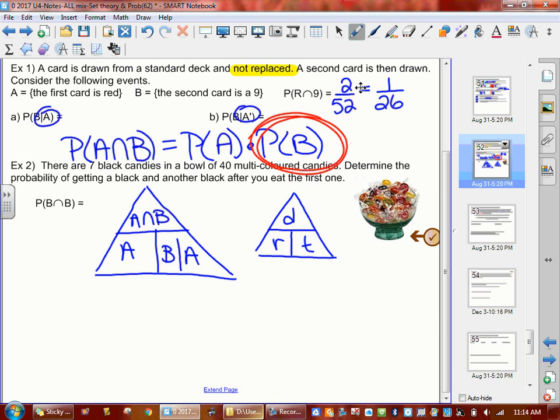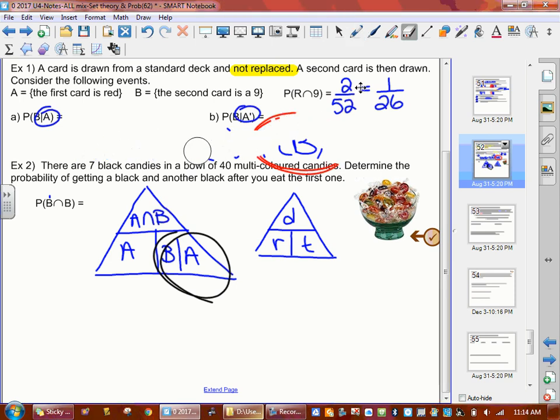The bottom two are multiplied. That's if I'm looking for the top one. You cover it up. So A and B, you've multiplied both of those. So right now, they want B after A occurs. So they want this part of my section. So they're looking for this one. If I cover that one up, I get A and B divided by A. So that's what we put in our equation first.